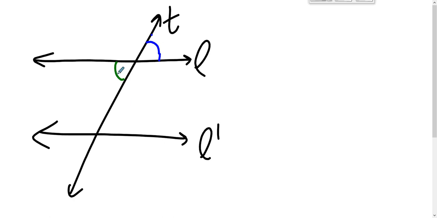So we refer to this angle and that one as alternate interior angles because one of them is on one side of the transversal and the other is on the other side of the transversal, but they're both between the parallel lines. Similarly, the red angles are alternate interior angles.